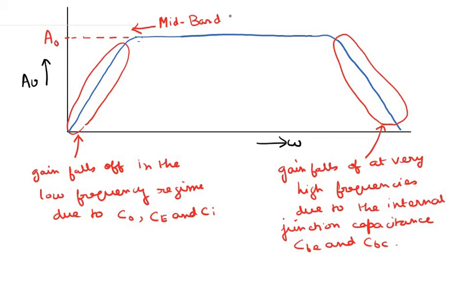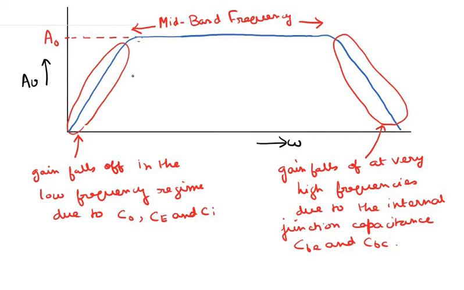Now it should be clear why this is known as midband frequency, because this band falls in the middle. At very high frequency the gain falls off here, and at very low frequency the gain also falls off here. So only in a middle range of frequency the gain is constant and highest, and that is why this frequency range is known as the midband frequency range.